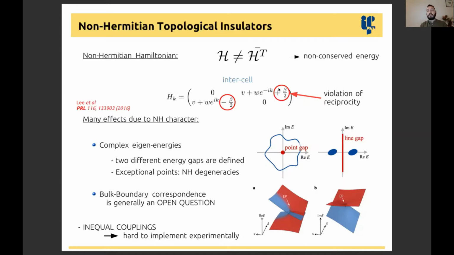And that's why we usually address non-Hermitian systems in classes. If one is interested in investigating this physics, one way is to violate this reciprocity in the hoppings of the sites, introducing unequal hopping, but this has been found to be hard to implement experimentally.